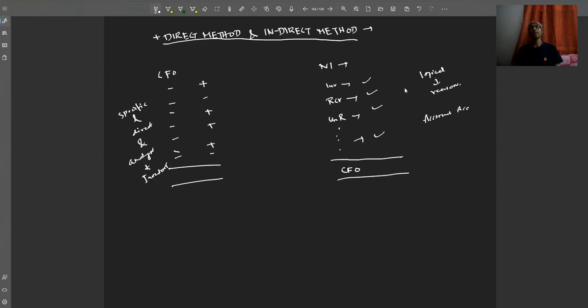So these differences are explained better in the indirect method. Most of the time, the indirect method is used by companies, while there are cases where the direct method is used. Now we will try to understand both cases, friends.